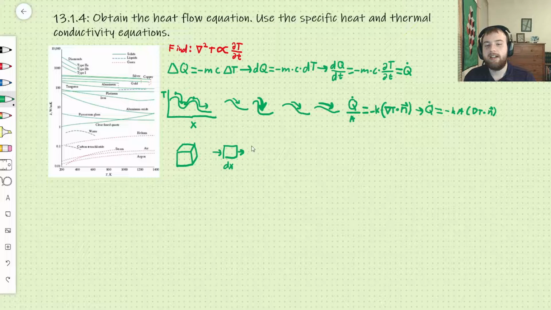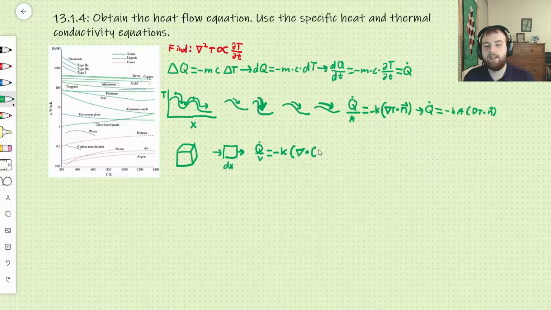So that turns into Q dot over V equals negative k, and then you take the divergence operator, or the divergence of whatever your vector function was.